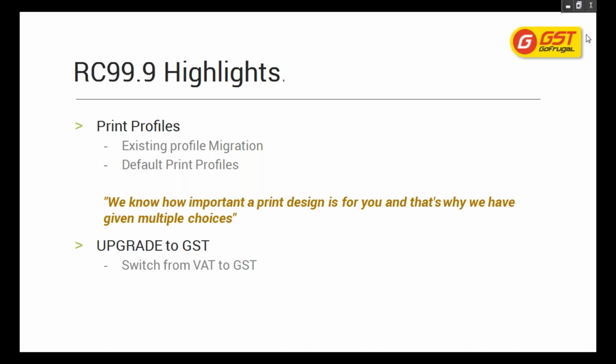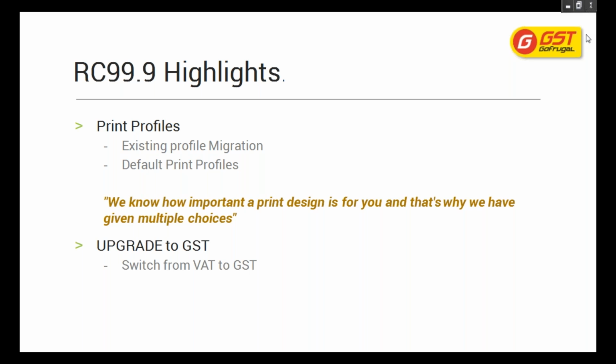In RC 99.9, we have made major enhancements for print profiles and the switch to upgrade to GST. For print profiles, we have given a choice: whatever profiles you are using right now will get migrated exactly, by taking a copy and changing all the VAT related fields to GST.